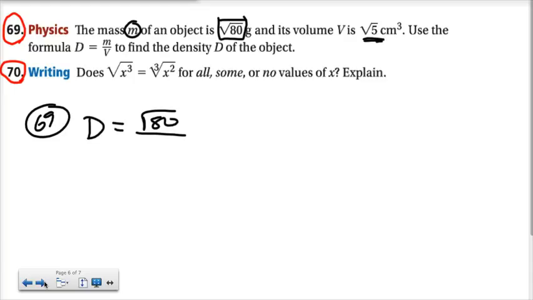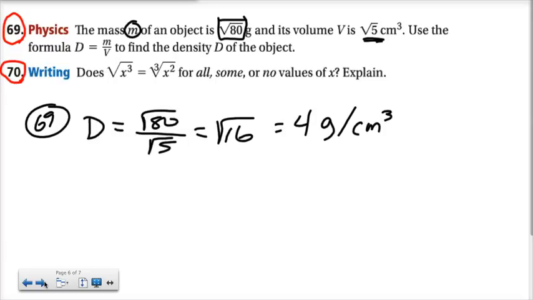Volume, V, square root of 5. You think, wait a minute, does that go into that? Oh, it sure does, and it goes into it beautifully. 80 divided by 5 is 16, and the square root of 16 is 4. So this label is going to be nasty because on the top we had grams, and on the bottom we have cubic centimeters. So that's 4 grams per cubic centimeter.